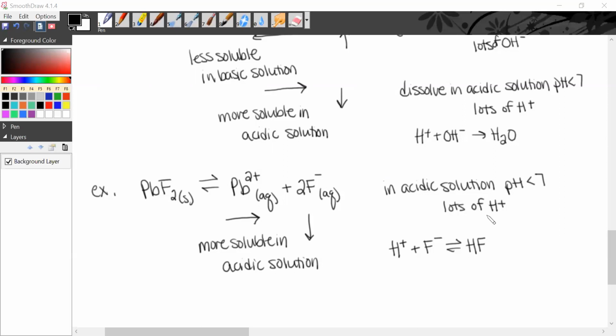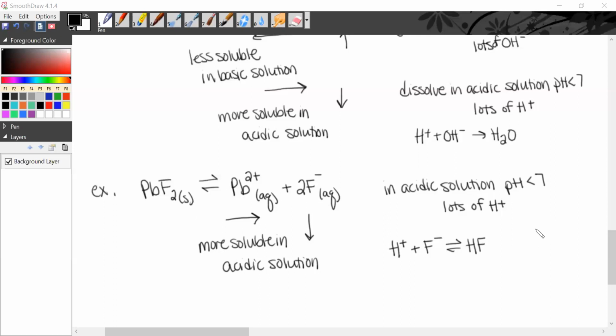So let's say you try to dissolve this particular salt in a solution that's already at like pH 6 or something. You're going to end up absorbing some of these extra H+ that are already there, and those are going to become HF. So it'll become less acidic over time as this salt dissolves.